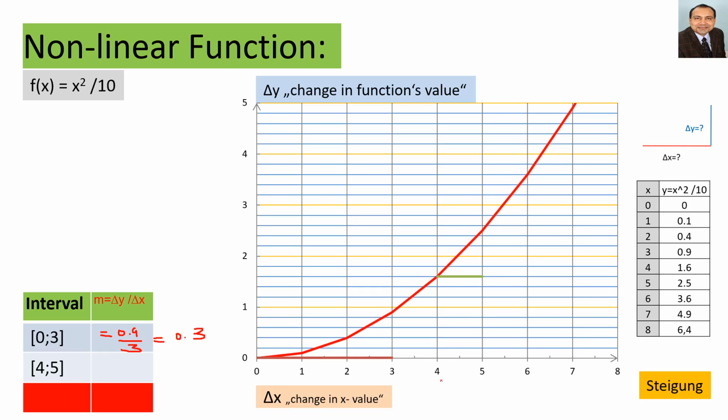In the interval 4 to 5, the change in y is 2.5 minus 1.6, which is 0.9.